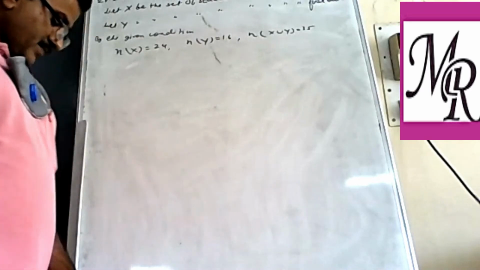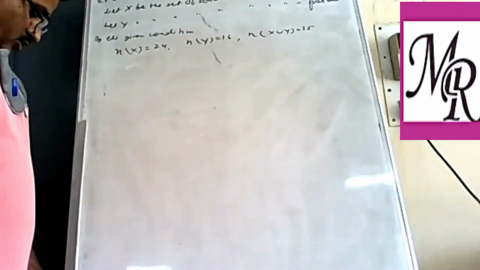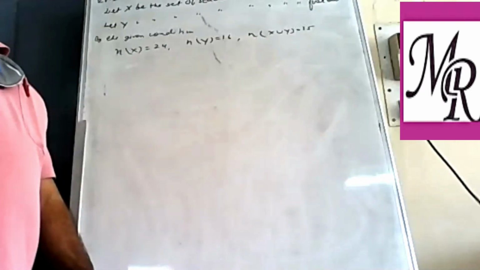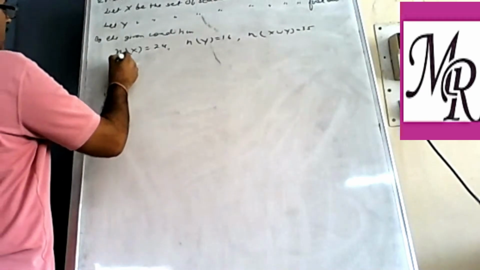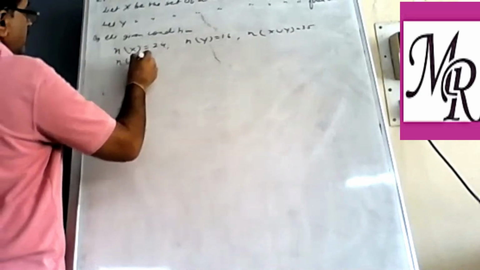Clear? So this information is given and you have to find how many students like to play both cricket and football. So we have to find both, which means intersection.